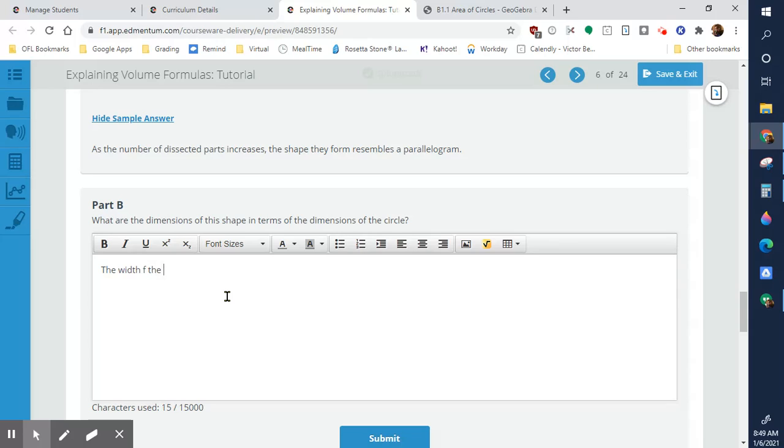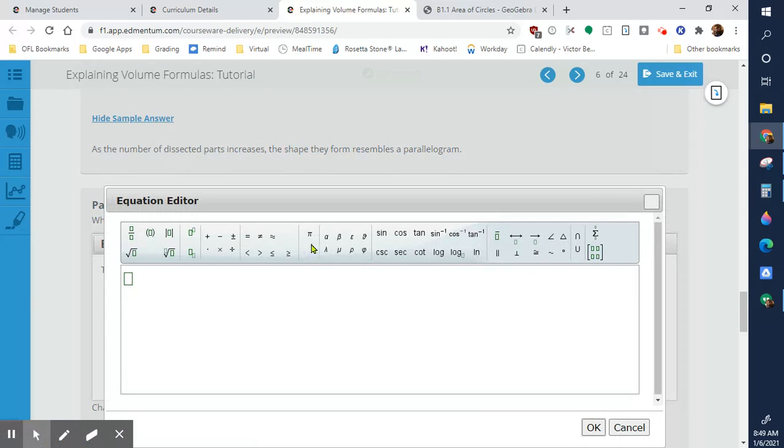Oh, can you give us the dimensions of the shape. I'm putting words in there. The width of the rectangle is R, and the length is pi R.